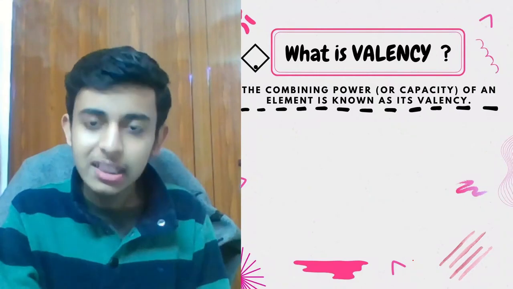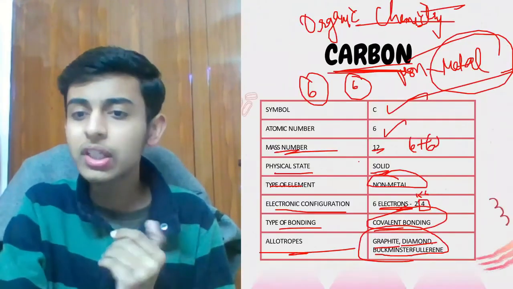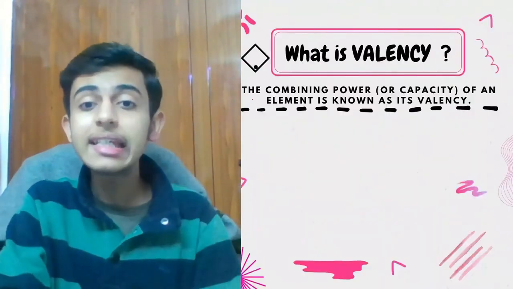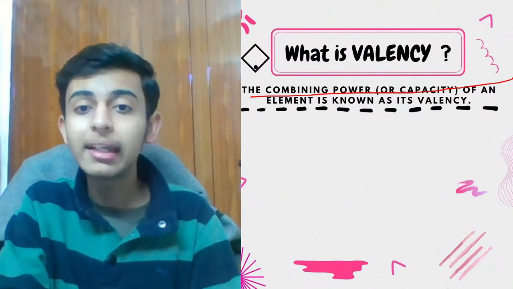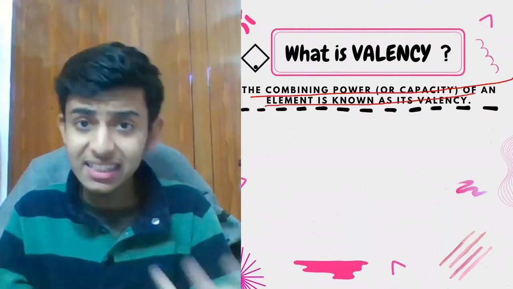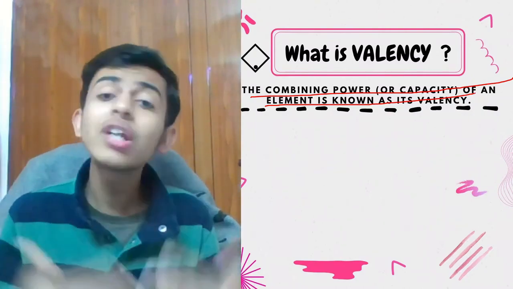Now the first doubt that you must be having is, what is this valency? Just now we talked about the electronic configuration. Valency is the combining power or combining capacity of the element, that is, how it combines with other atoms or elements by gaining, losing or sharing of electrons.